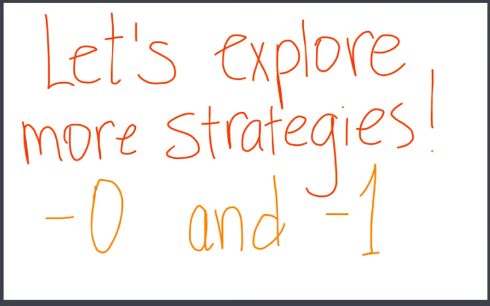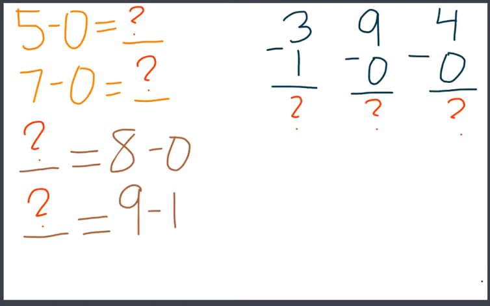And today it's going to be minus 0 and minus 1. Right here on this screen, you can see minus 0 and minus 1 facts. I have not put out the answers, but what I have shown you are different ways to display or show number sentences.